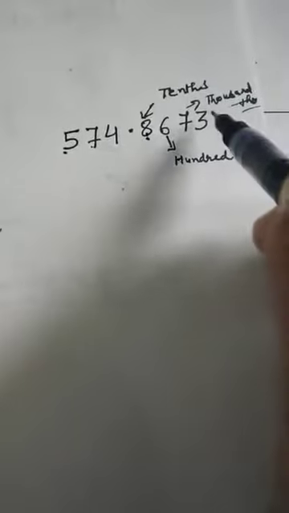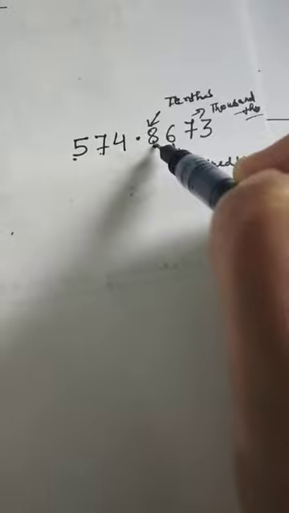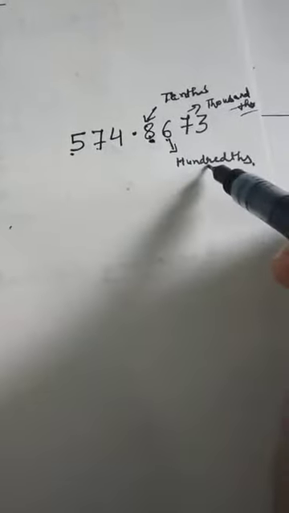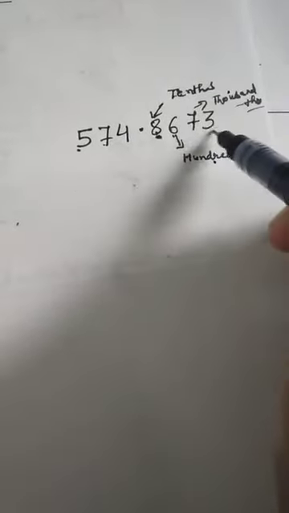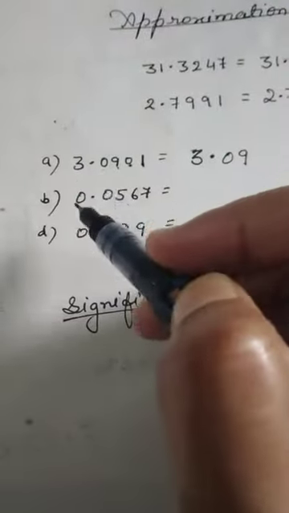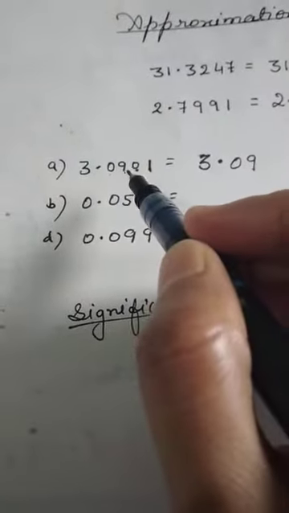But after the decimal, the places are named tenths, hundredths, thousandths. The first place is the tenths place, second is the hundredths place, third is the thousandths place, and so on.